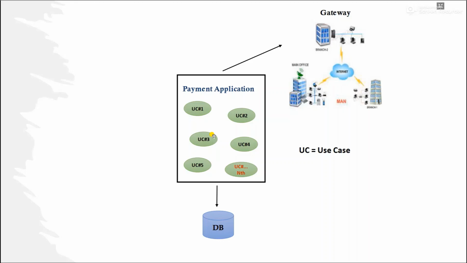It's not all the time that all the services will be synchronous. Some will be sync and some will be async. Some will be blocking, some will be non-blocking. Based on the use case, you have to see whether gateway communications will be synchronous or asynchronous calls, or even some companies' own communications will be synchronous or asynchronous calls. So that's the blocking and non-blocking calls, with our focus being a payment application.